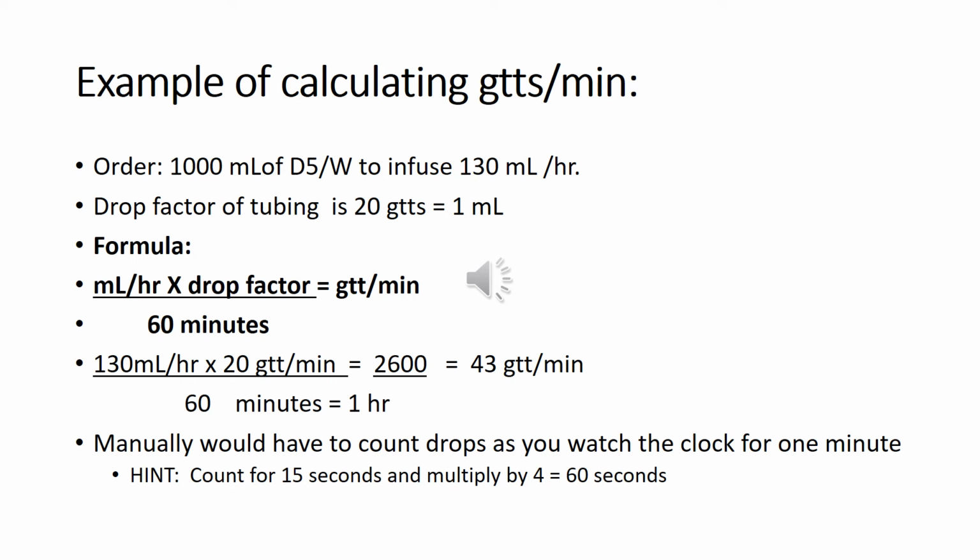So looking at the order, our milliliters per hour is 130 mL per hour times the drop factor, which is 20 drops per mL, over 60 minutes, because we know 60 minutes equals 1 hour.